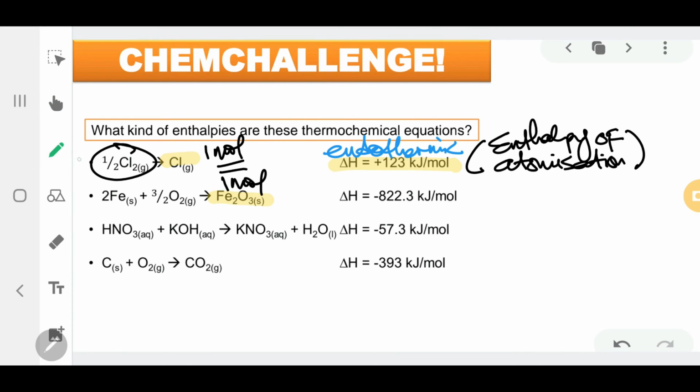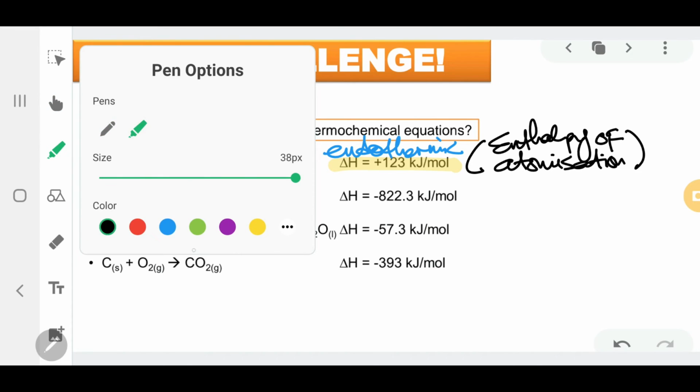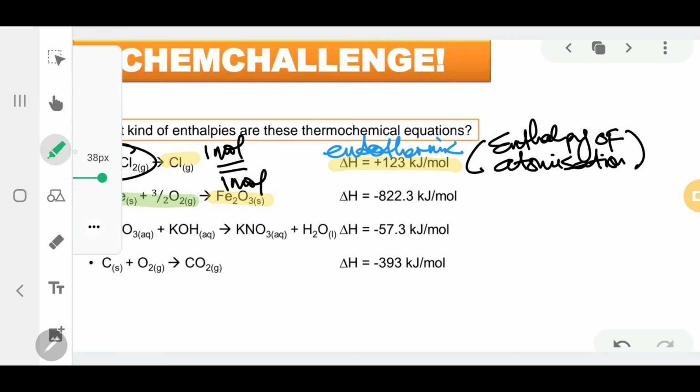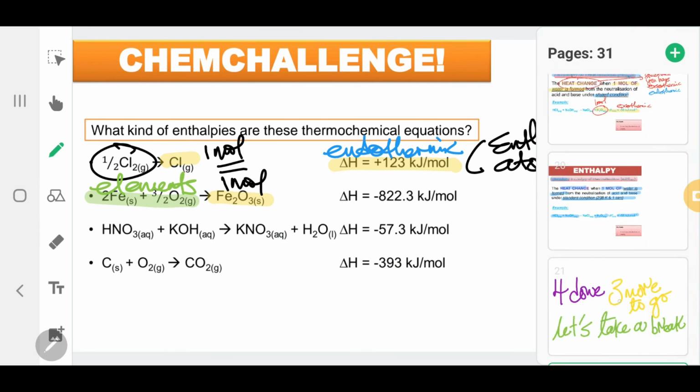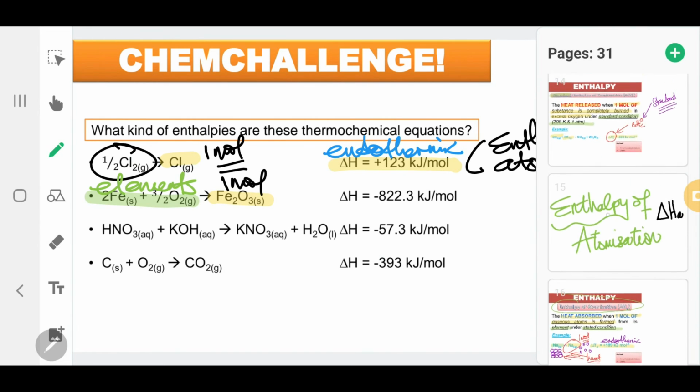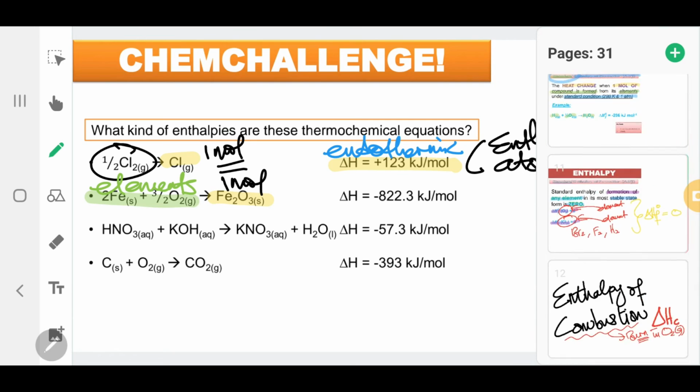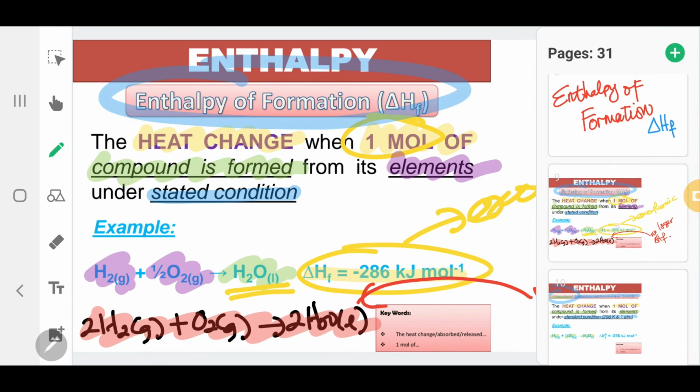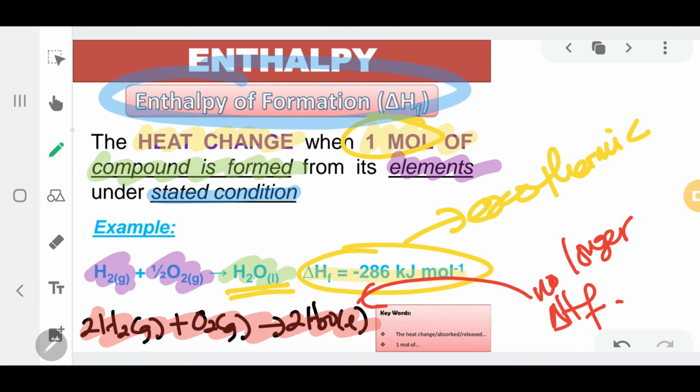So I'm going to highlight that. Those are the elements. So I think this one fits the definition of enthalpy of formation: the heat change when 1 mole of compound is formed from its elements under stated conditions.